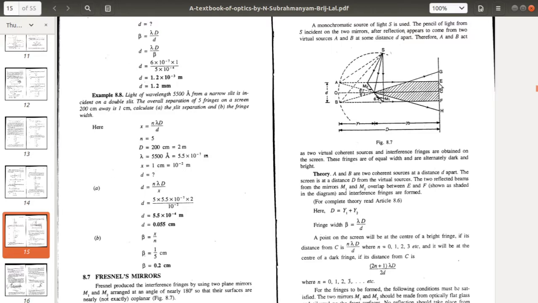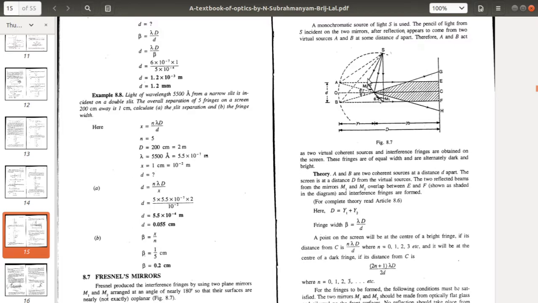between the region E and F, because this is the region of superposition of the reflected light from the two mirrors. So this is the common region between the light reflected from these two mirrors.